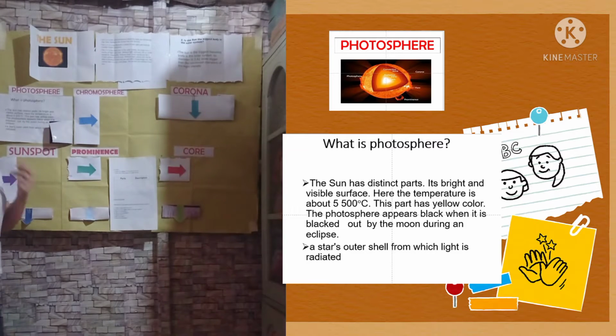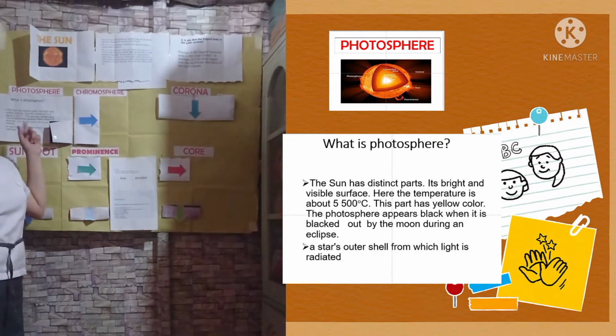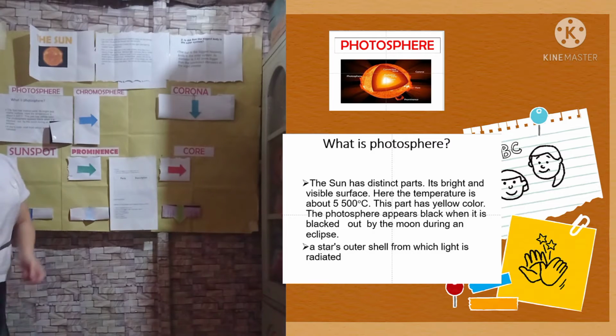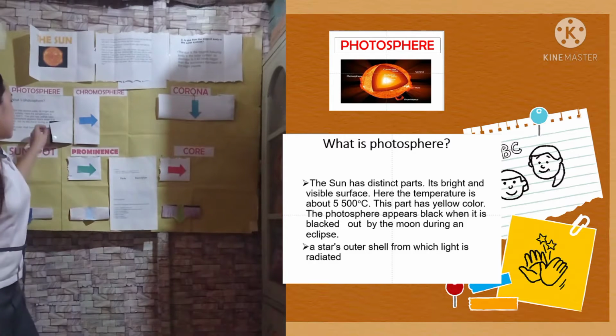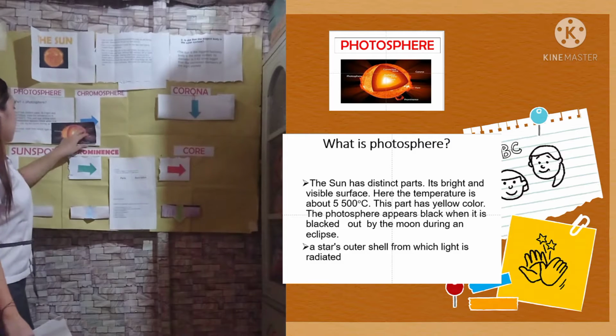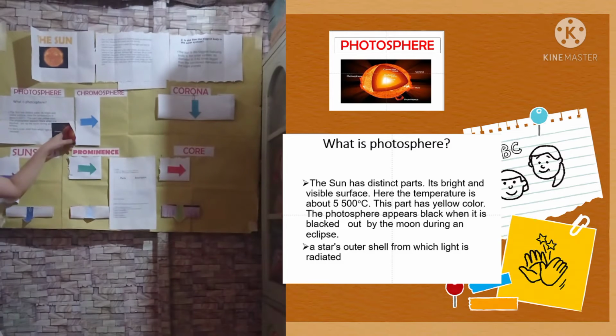This part has a yellow color. The photosphere appears black when it is blocked out by the moon during an eclipse. Photosphere, again, is a star's outer shell from which light is radiated. This is the feature of the photosphere, the yellow color.